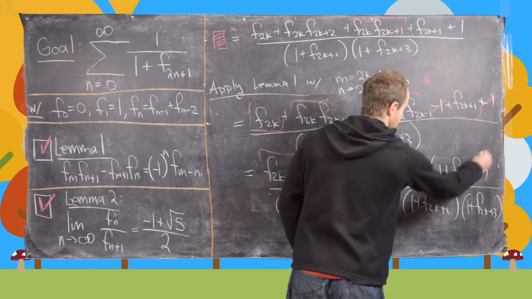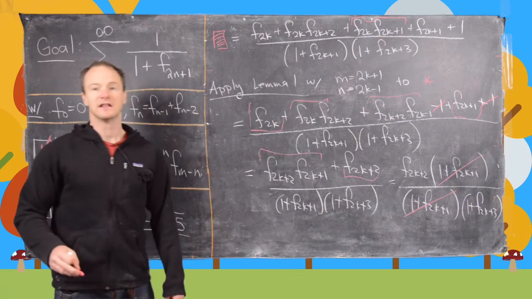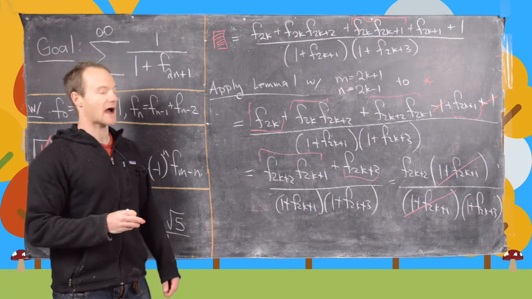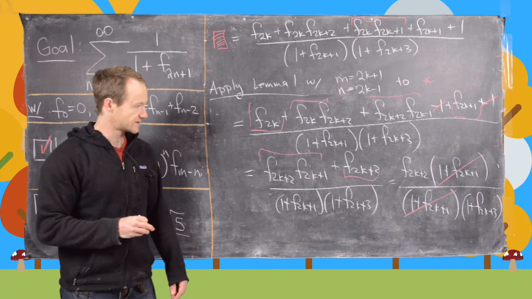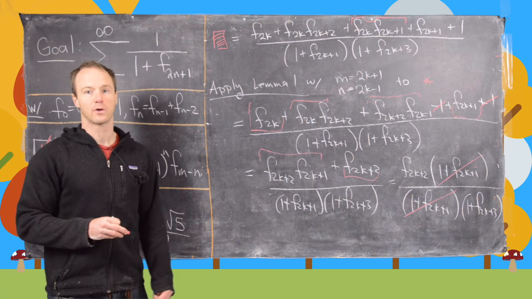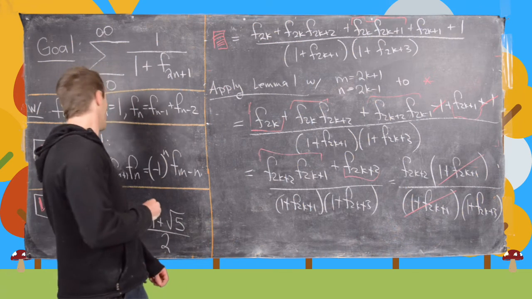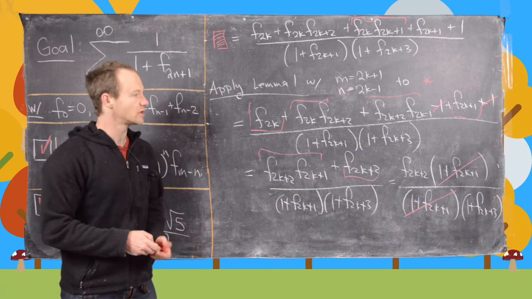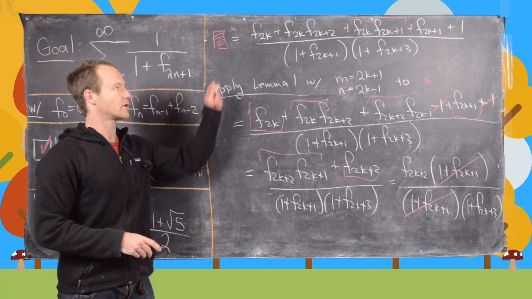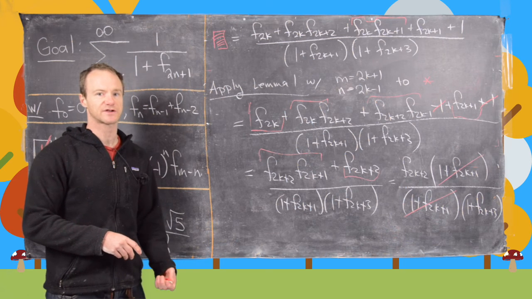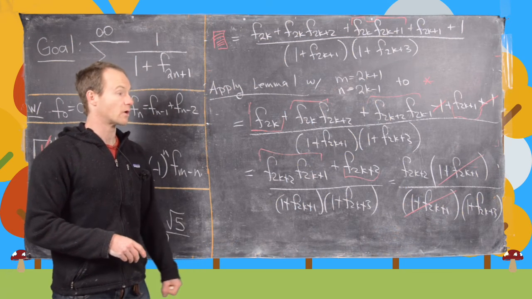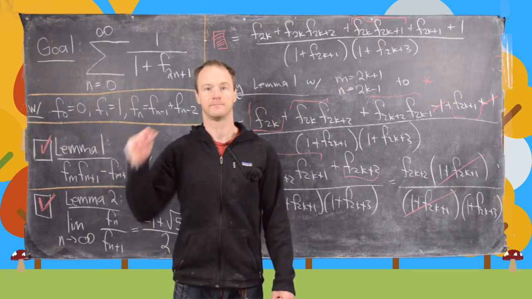But now these two terms cancel, leaving us exactly what our goal for the red was, if you remember from the last board, which tells us that our sequence of partial sums was correct. So good. I'll clean up the board, remind ourselves what that sequence of partial sums was, and then we're ready to finish this thing off.